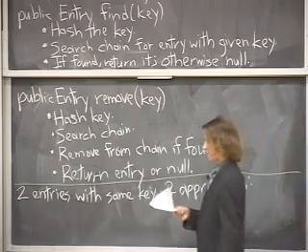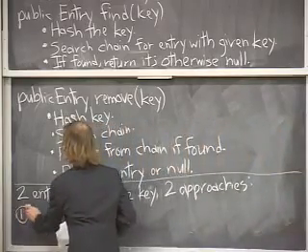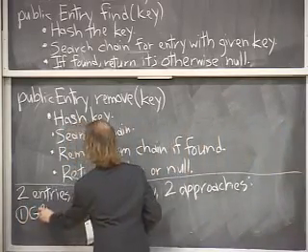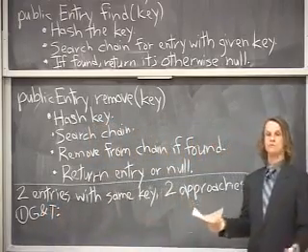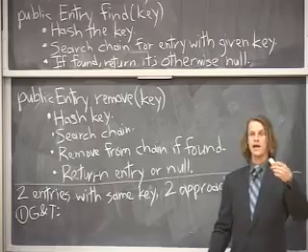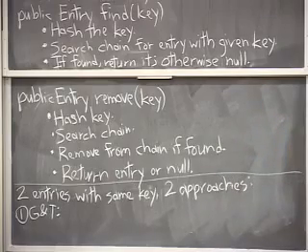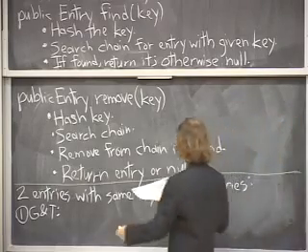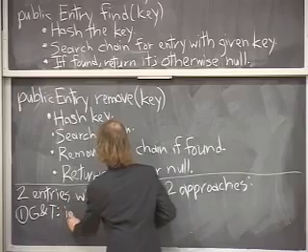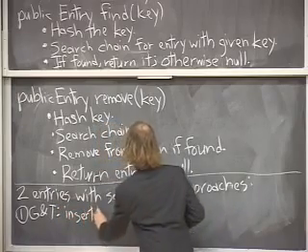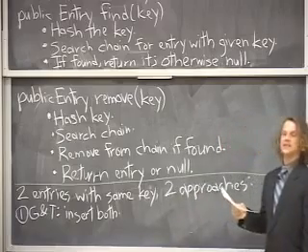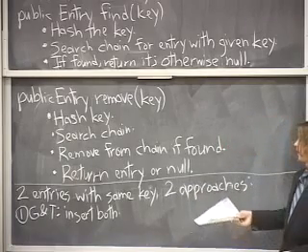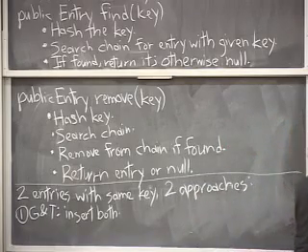And the first one is the one that Goodrich and Tomassia have implemented in their book, which is insert both. So now your chain has two different entries in it that have the same key, or 5 different entries, or 100 different entries. And then if you do a find operation on that key, you just return one of them arbitrarily.